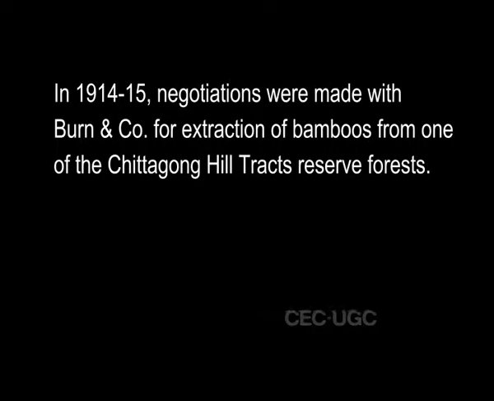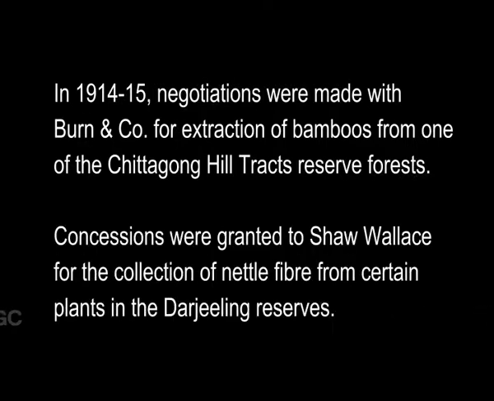In 1914-15, negotiations were made with Barn & Company for the extraction of bamboos from one of the Chittagong hill tracts reserve forests, and concessions were granted to Shaw Wallace for the collection of nettle fiber from certain plants in the Darjeeling reserves. Bamboo was important for the production of paper, when paper mills were set up.